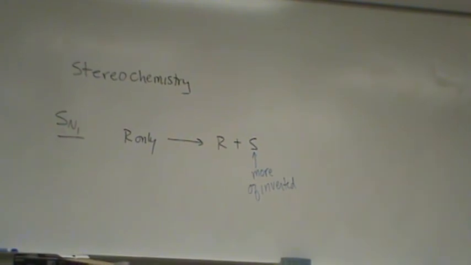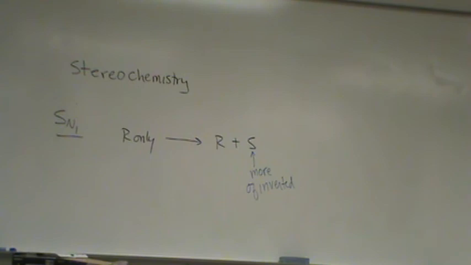So you don't get a racemic mixture, which was a 50-50, but just a little bit more, maybe 60-40 or 70-30, something like that.